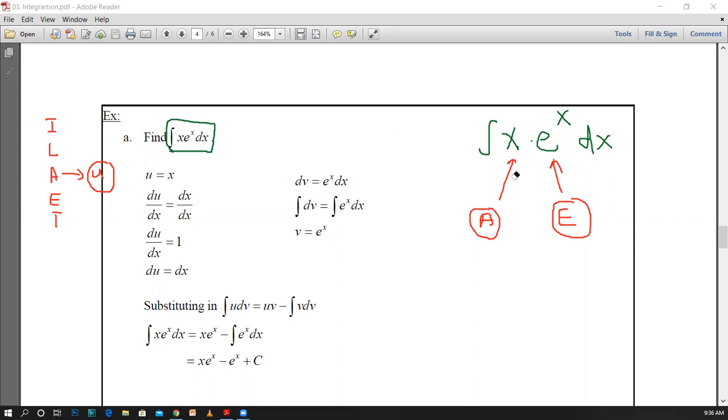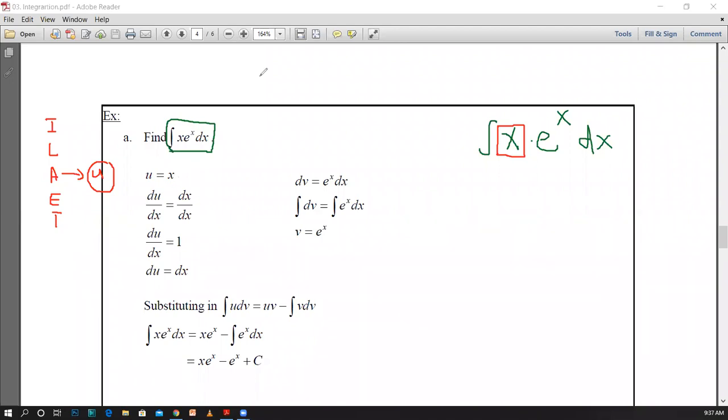This is the first step that we have to do when applying the integration by parts technique. Now u is equal to x.